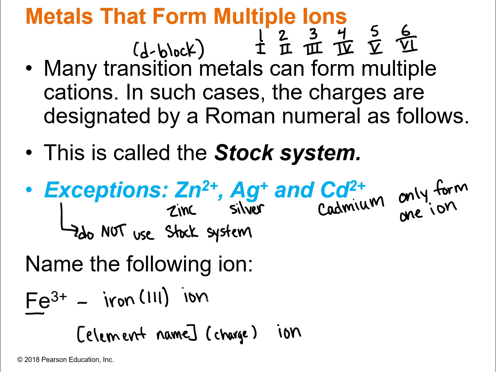So that's how we would name this ion. You write the element name, the charge in parentheses using those Roman numerals, and then the word ion. So that's the iron 3 ion.